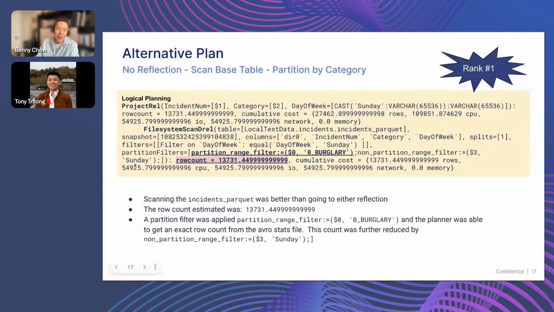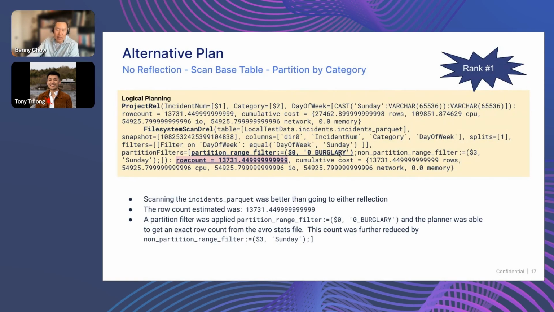on Sunday. Now, the estimated row count for this scan was 13,000. And where did this number come from? Because this partition filter was pushed down, we were able to access partition stats on this Iceberg table to get a very exact row count for how many rows are in burglary. And based on this number, we further reduced it using heuristics based on the filter on day of week equals Sunday.